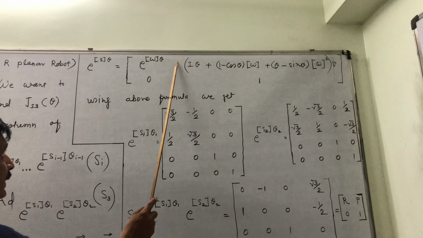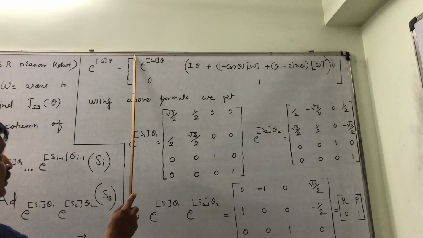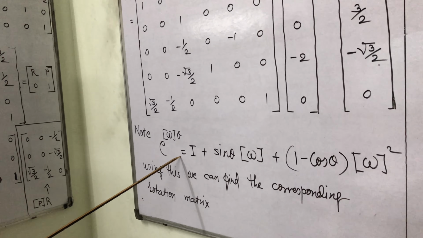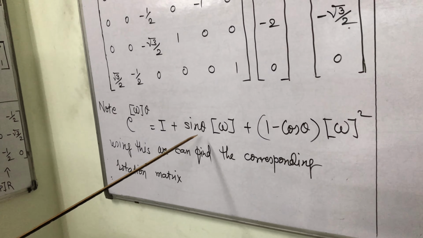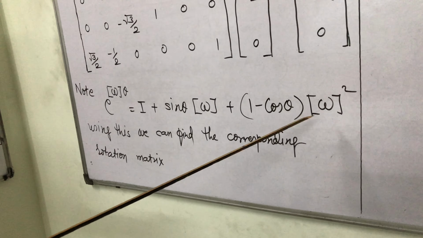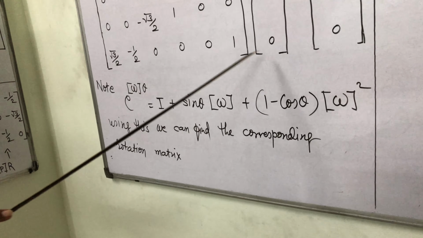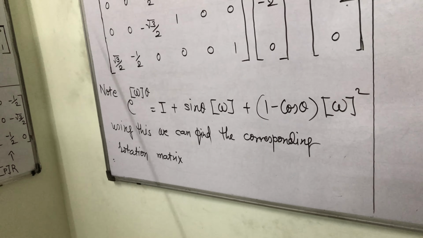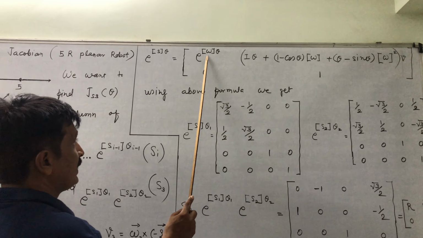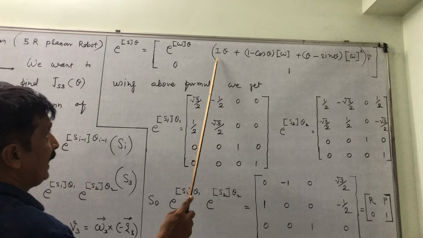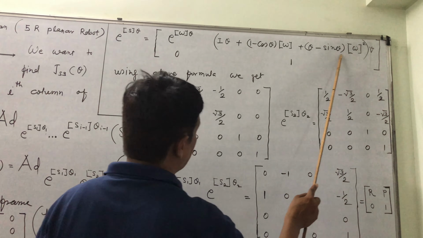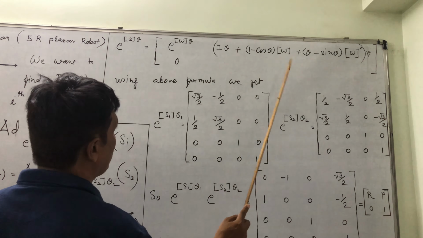This one is the rotation matrix, and we have a formula for it: e raised to omega theta equals I plus sin theta omega plus 1 minus cos theta omega square. If you put in all such values, we get the rotation matrix. So this one is the rotation matrix, and this one is the translation vector P, R P 0 1.